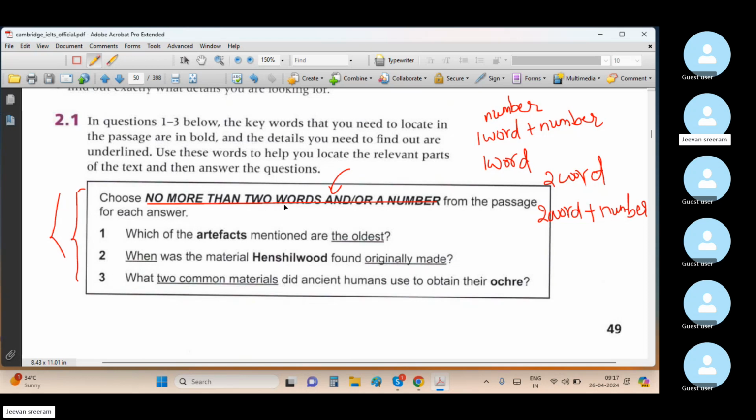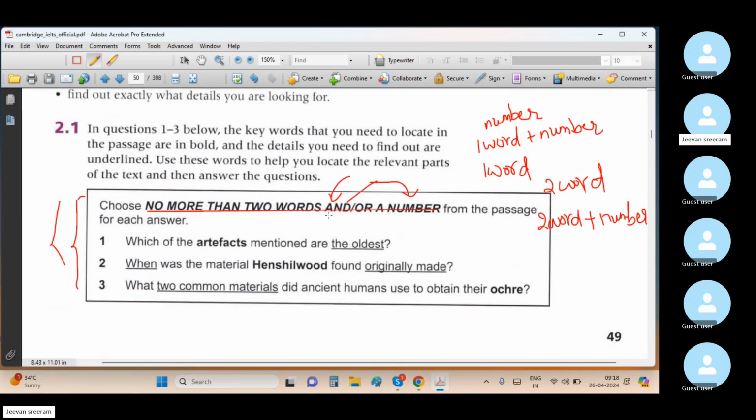Yes, it is allowed here as per the restriction: not more than 2 words and or a number. So there are 5 possible ways you can write the answer for each of these questions.